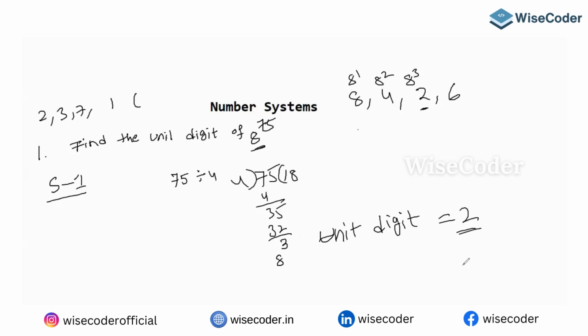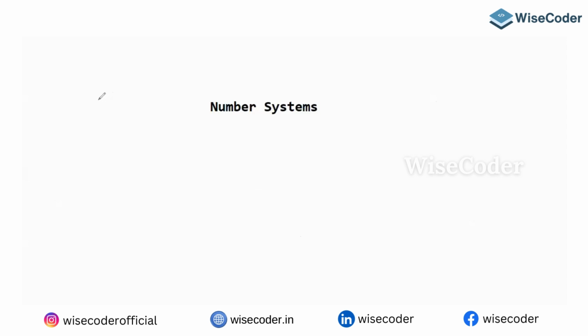We'll increase the difficulty level. If the question is like this: find the unit digit of 357 power 59 into 59 power 357.